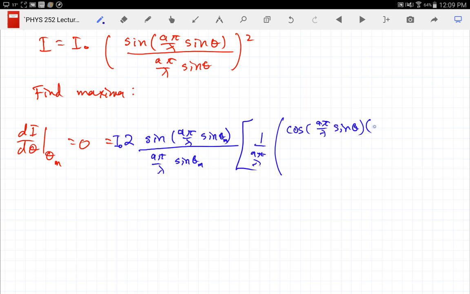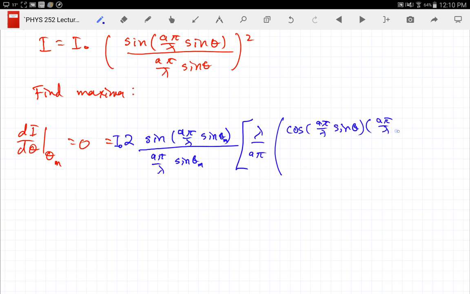Wouldn't that just be lambda over a pi? You wrote 1 over a pi over lambda, it'd be lambda over a pi. Yeah, I could write it that way. That would be another way of writing it. Like that.